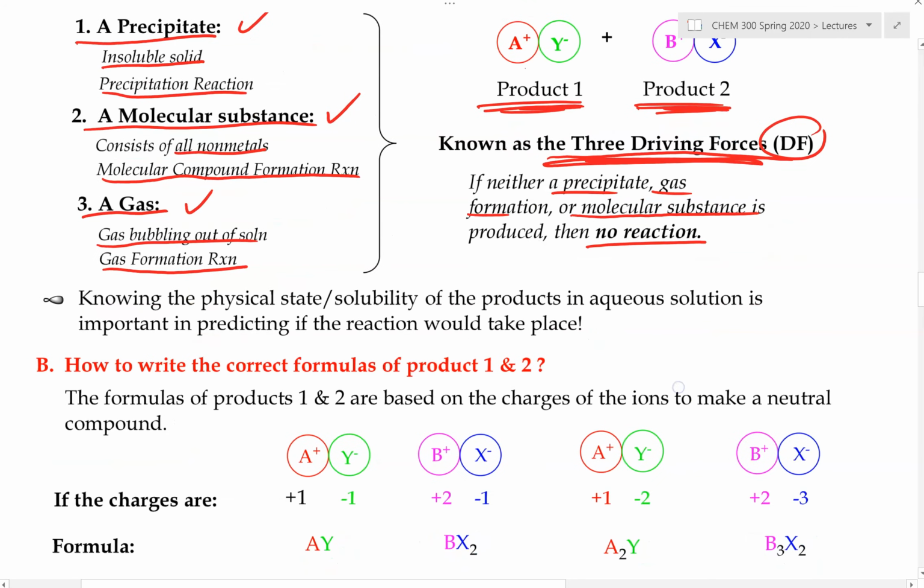Therefore, knowing the physical state and the solubility of the product in an aqueous solution is really important in predicting if the reaction would take place or not. So that's how we would do it. To determine whether there will be a reaction, we are looking for these 3 driving forces right here.